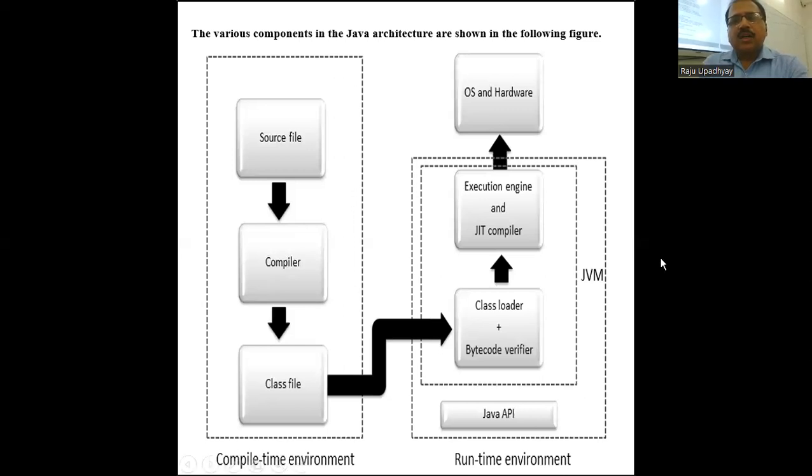Obviously, in order to run your program, it requires some platform. As I already mentioned, as a platform, we need to have the hardware device, and on the hardware device, we need to have the operating system to run this particular program, right? Along with that, this Java API also plays a very important role.